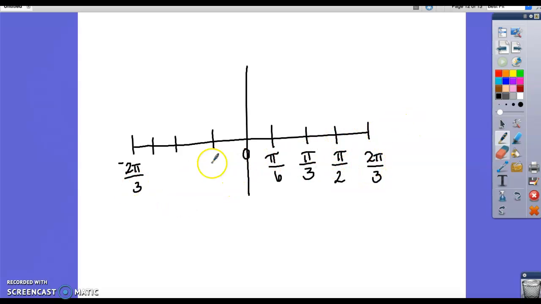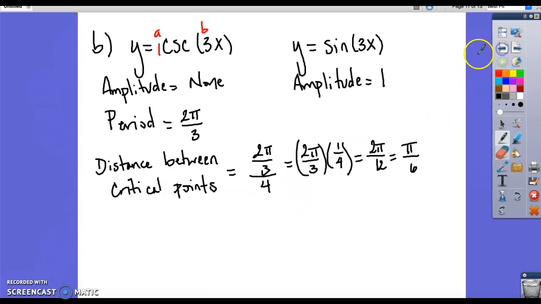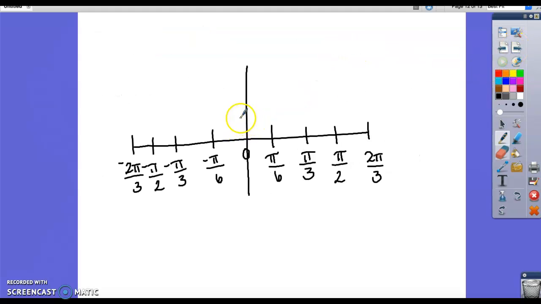Okay, I would do the same thing to get my critical points going this way. I would start with 0 minus pi over 6, which is just negative pi over 6. Negative pi over 6 minus pi over 6 is going to be negative pi over 3. Negative pi over 3 minus pi over 6 is going to be negative pi over 2. All right, so I'm starting by graphing this function. It has an amplitude of 1.